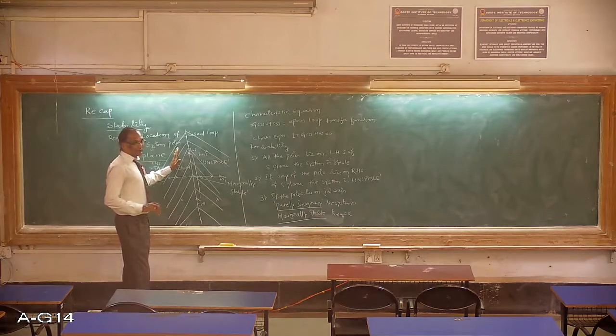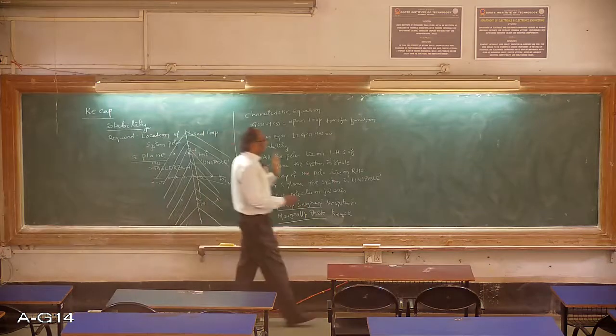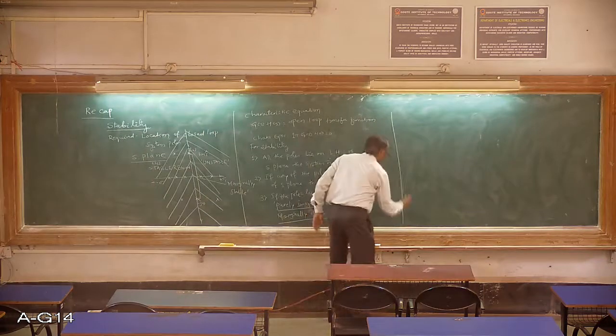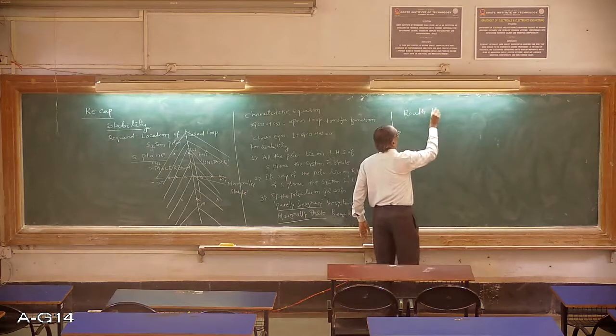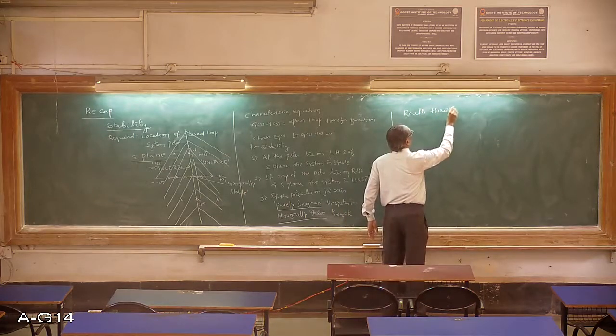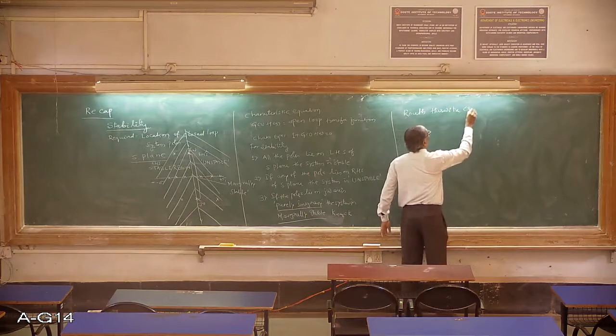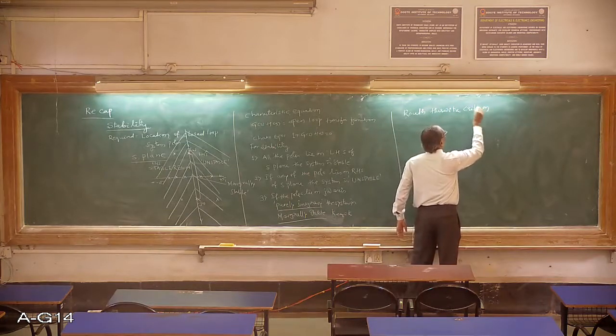So to know where they are lying, we have a test given by the Routh-Hurwitz criterion.